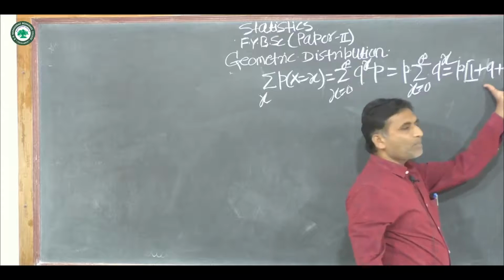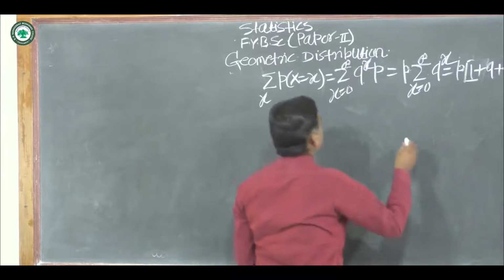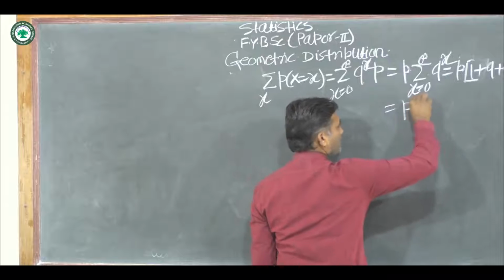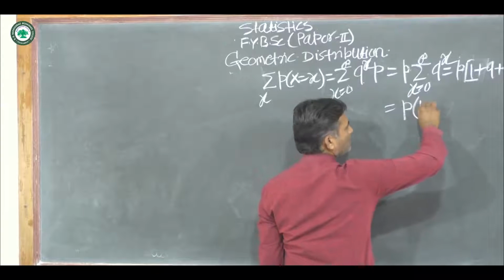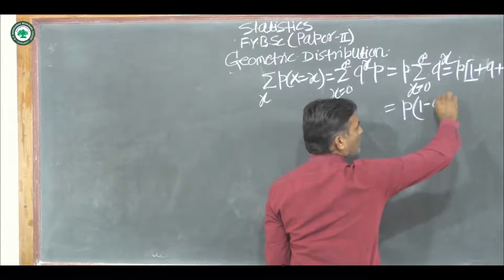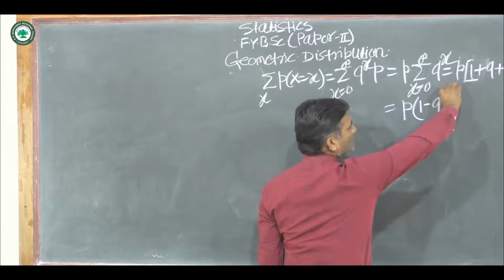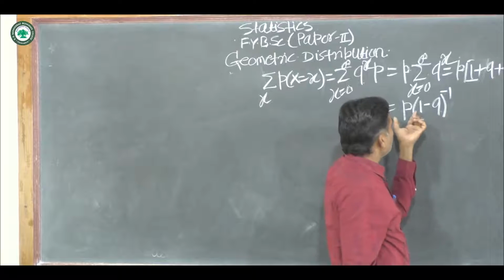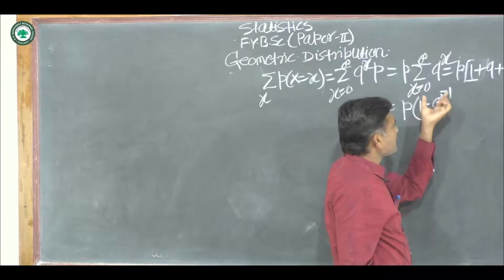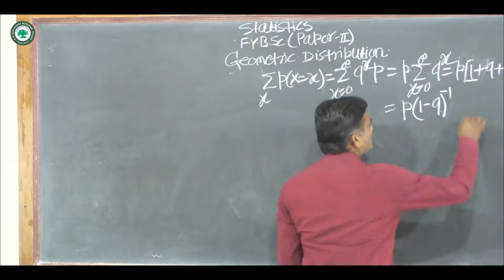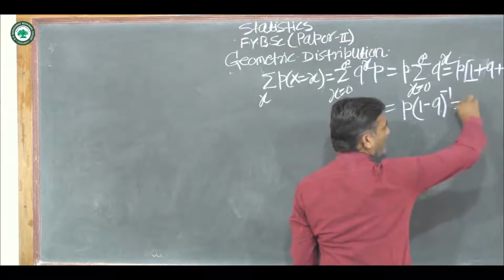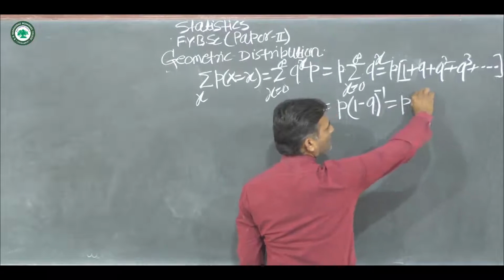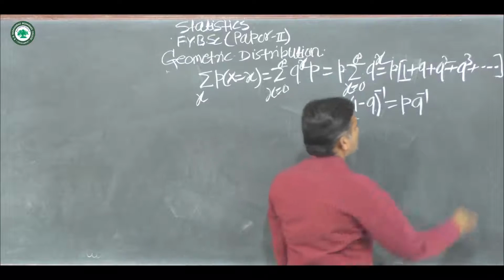Then the sum of this series is equal to p into (1 minus q) raised to minus 1.